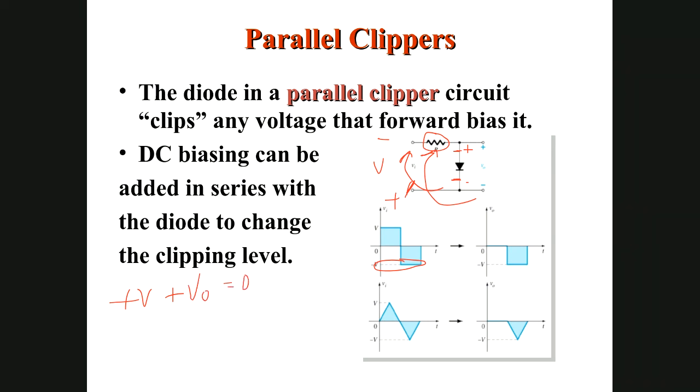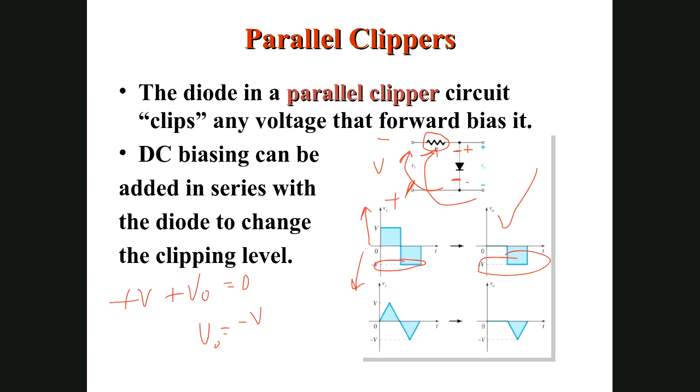So V output equals, we will take V to the right side, minus V. And you know how to draw this graph. V means the upper half, and minus V means the lower half. This is what we are getting in the output. Hope it's clear. Any questions?